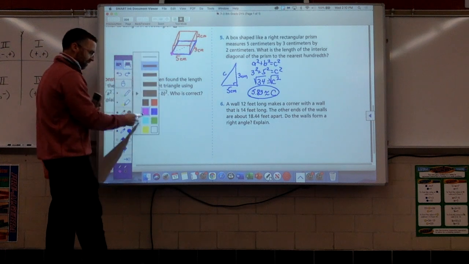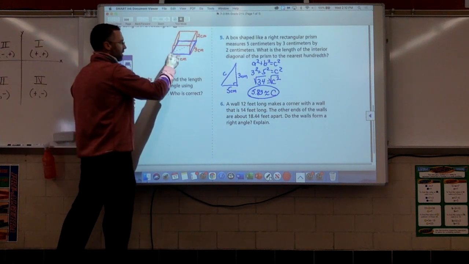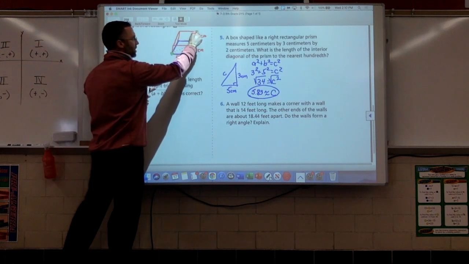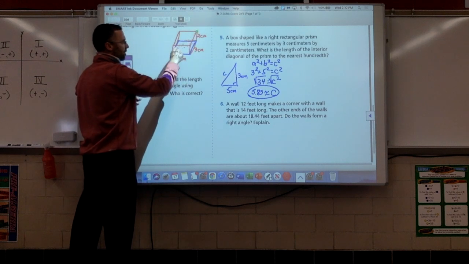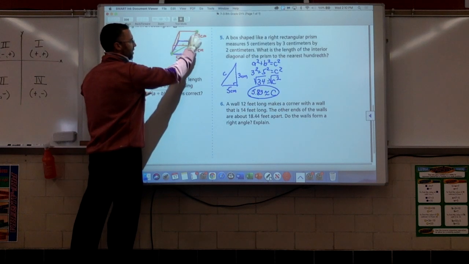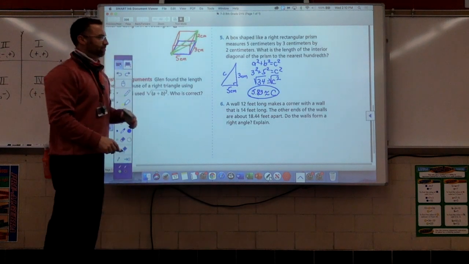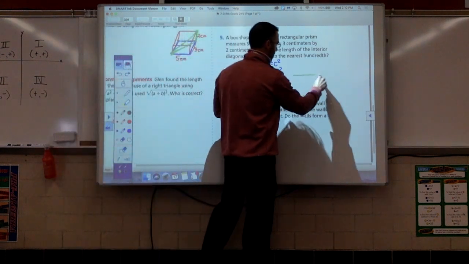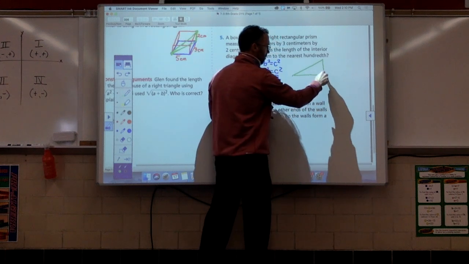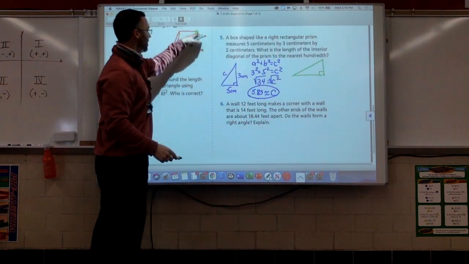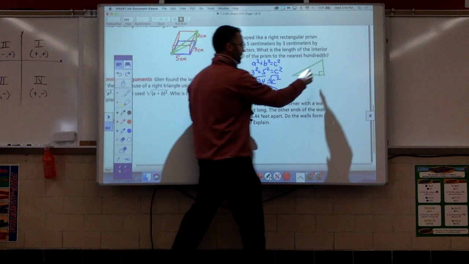Let me make this green so we can see a little better. From this bottom corner to its opposite corner, we have this triangle. If I drew this triangle over here, there's my right angle. Now I know this leg is 2 centimeters.